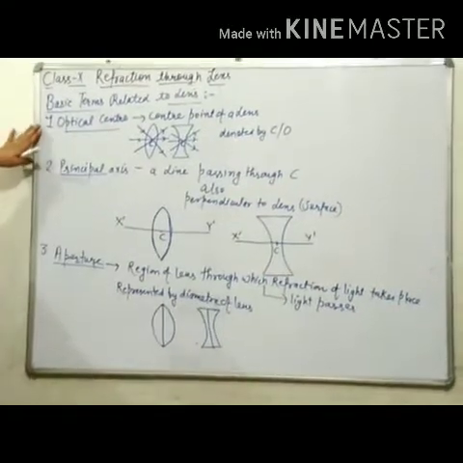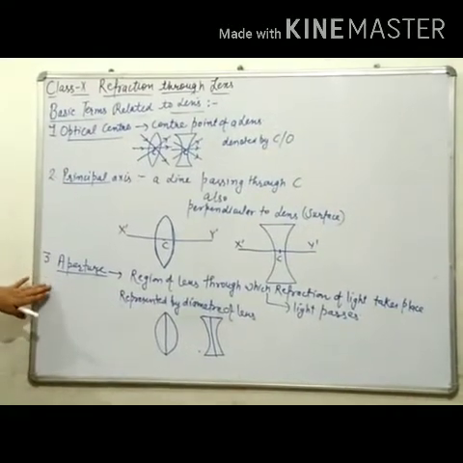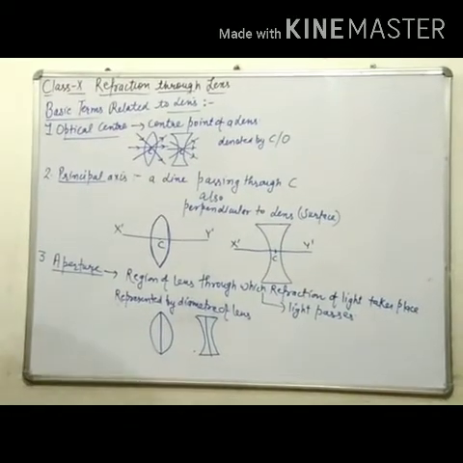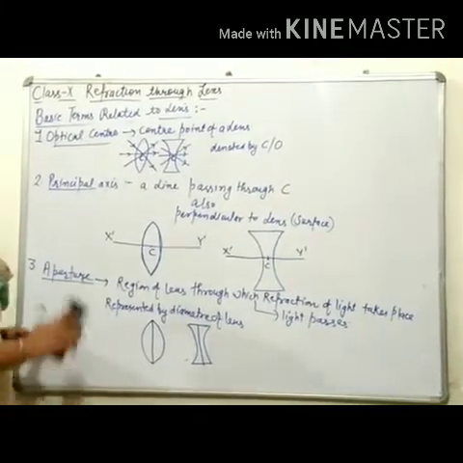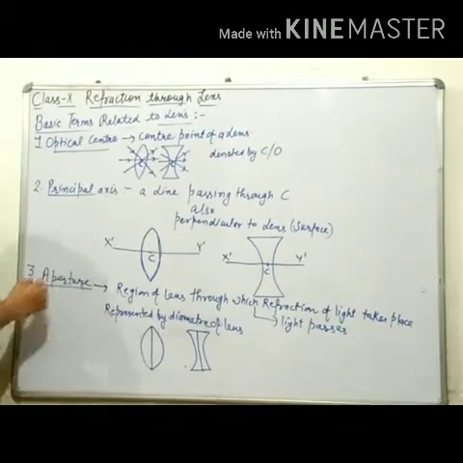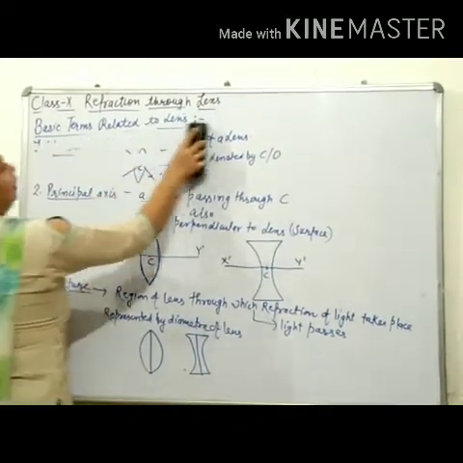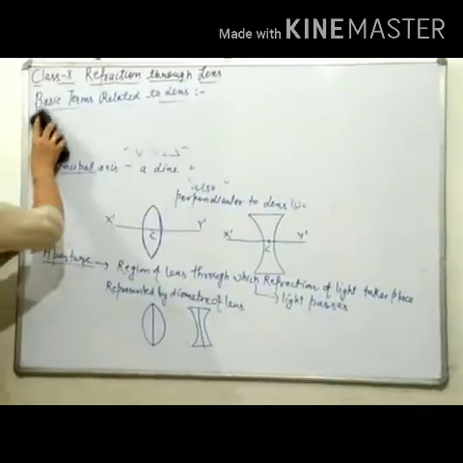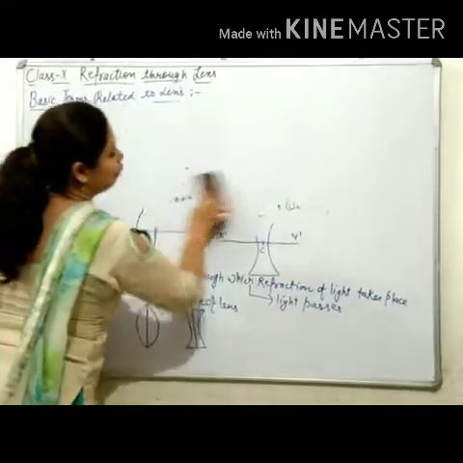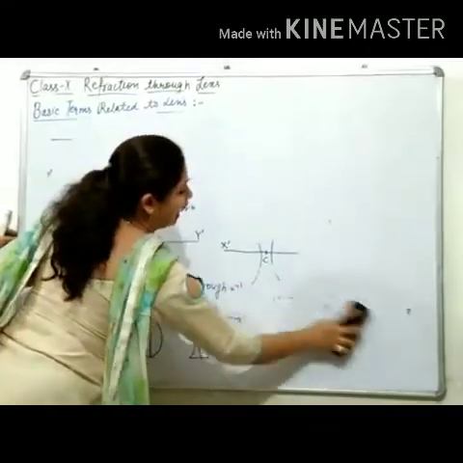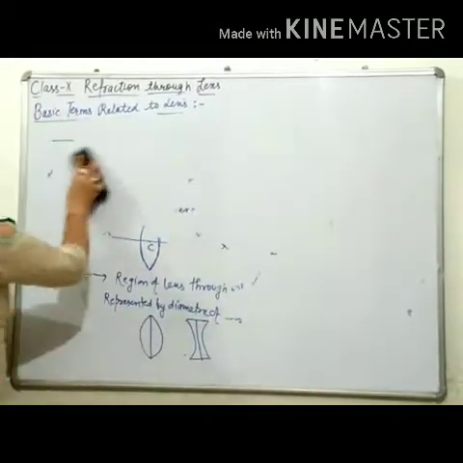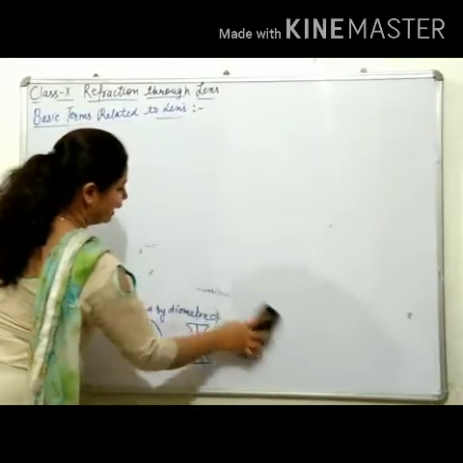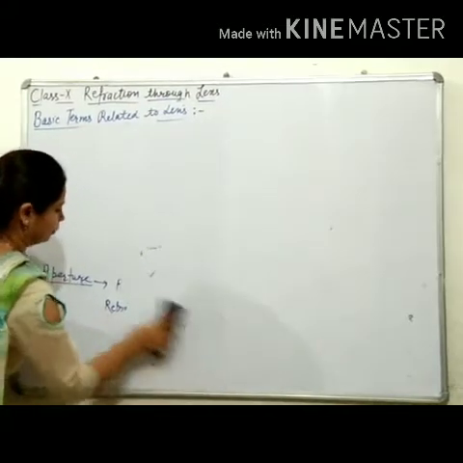So optical center, principal axis and aperture, it must be clear to you. Now, after learning these three terms, we will learn what is principal focus and focal length. But for dealing with principal focus and focal length, I will teach you both the lenses separately, first convex lens and then concave lens.